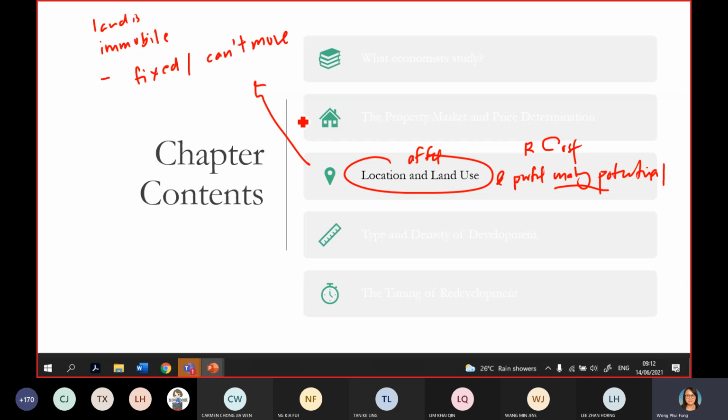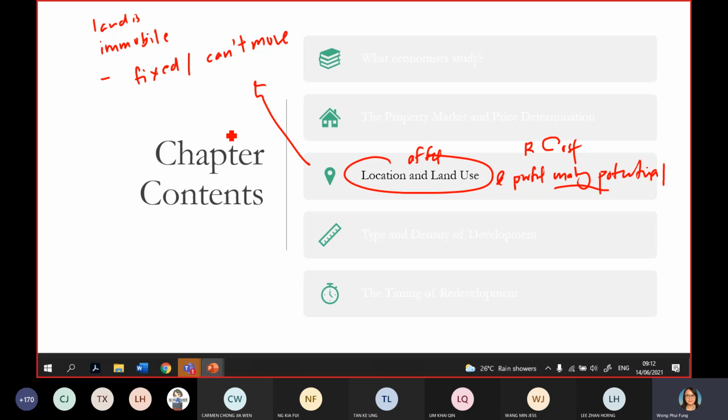Normally people tend to buy houses near public transport. But if the government cancels the mega infrastructure project, then you will foresee that the property price in that area will not be so attractive anymore compared to property with MRT. So due to the fact that land is fixed, if after some time the government wants to build a graveyard next to that property, but you already purchased the house, so how?